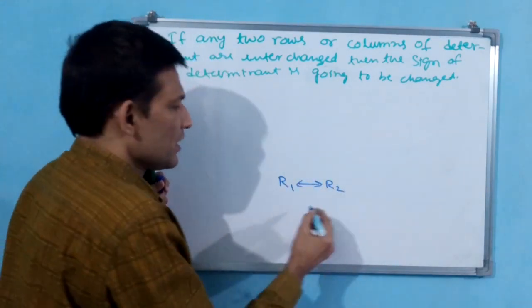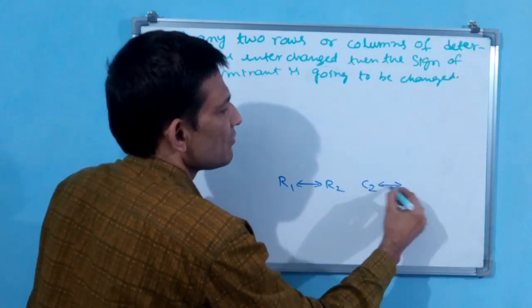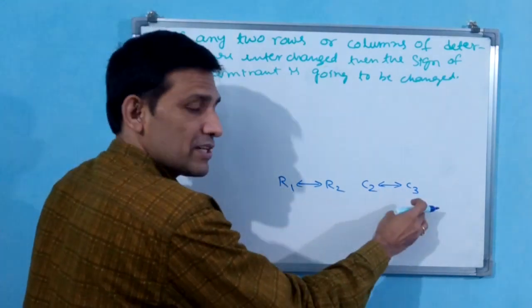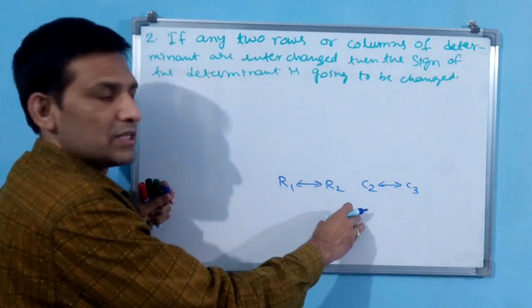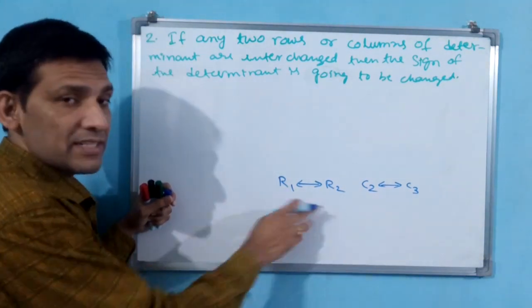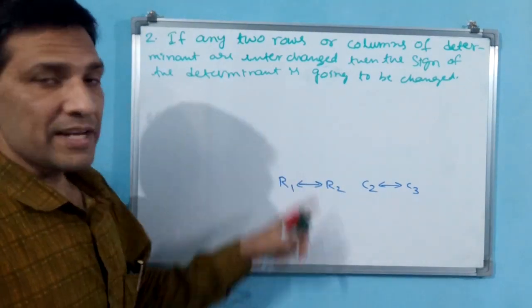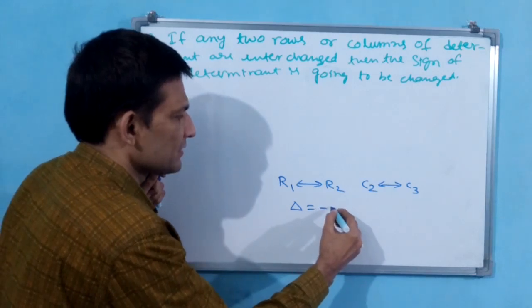If columns are being interchanged, C2 goes to C3 and C3 goes to C2, and C1 is not changed. Here also R3 is not changed. If this happens, then the sign is going to be changed.